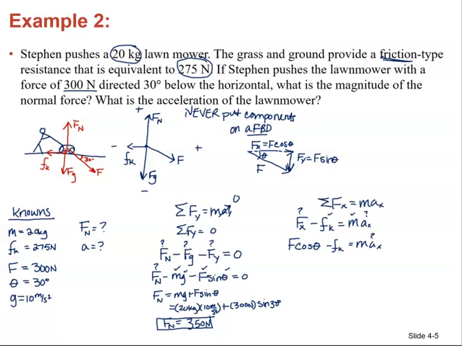Again, we are looking for acceleration. We know everything else. Now we have all of the information to be able to solve for acceleration. So we can rearrange the equation. Basically, all I'm going to do is divide by mass. I just rearranged it so that the acceleration is on the left. Now I'm going to substitute numbers.